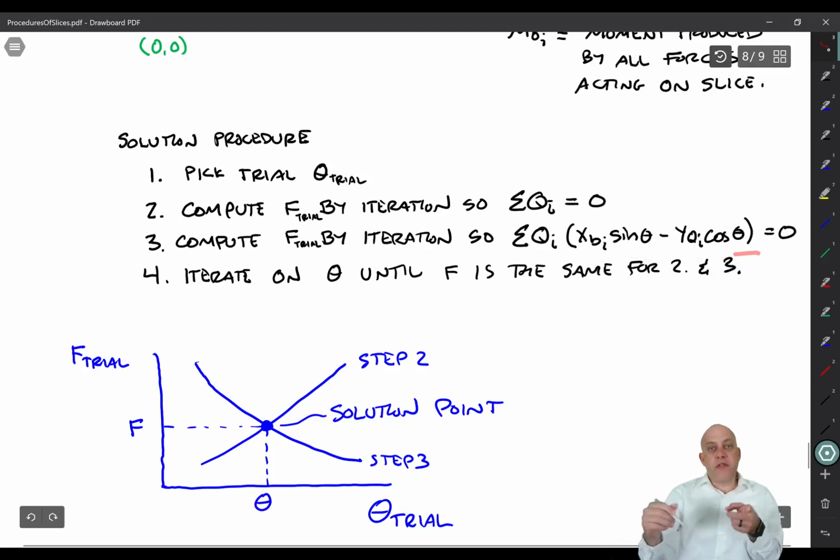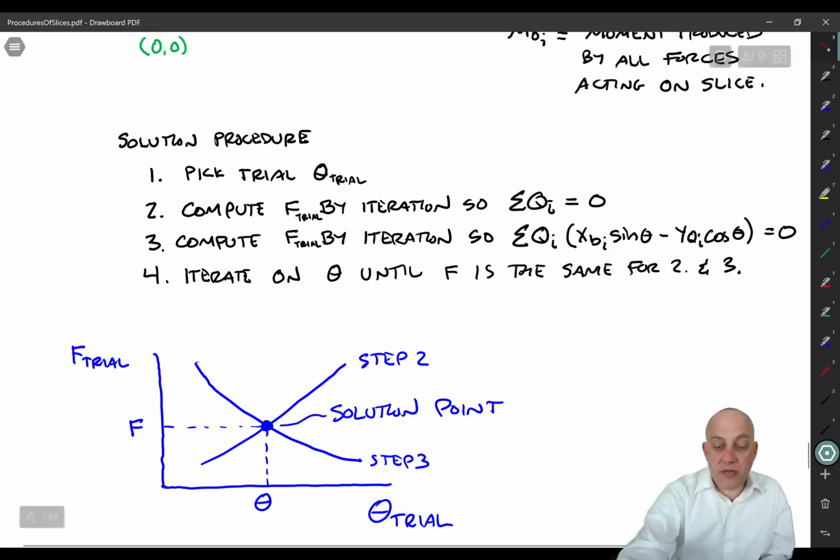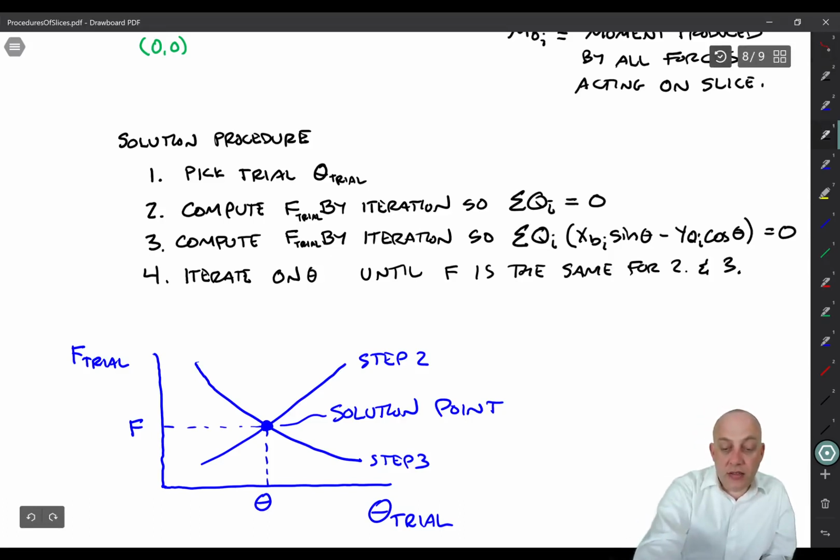So you've computed one factor of safety that gives you force equilibrium, a different factor of safety that gives you moment equilibrium, and now you have to iterate on that value of theta trial, right? So you don't have a solution yet. You have to keep iterating until F trial is the same for both steps 2 and 3.